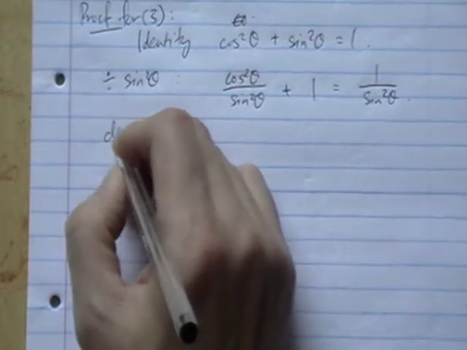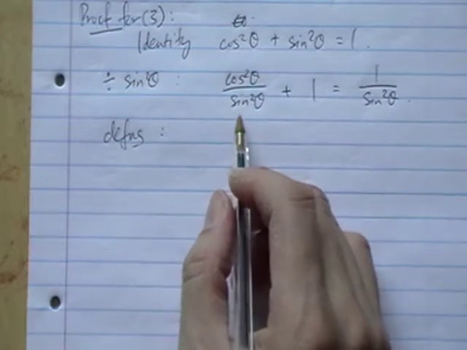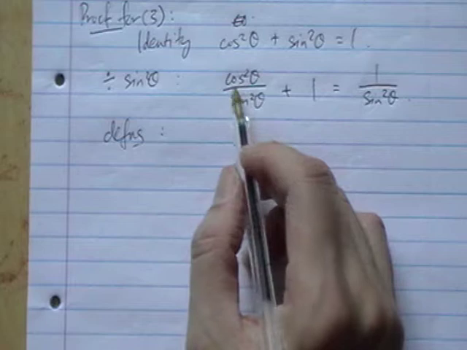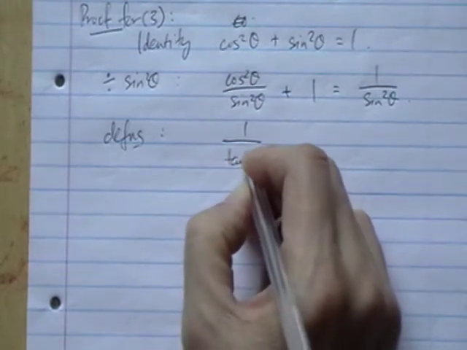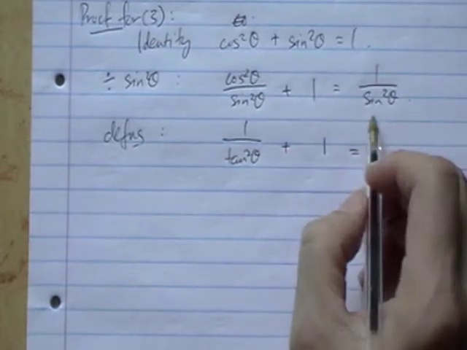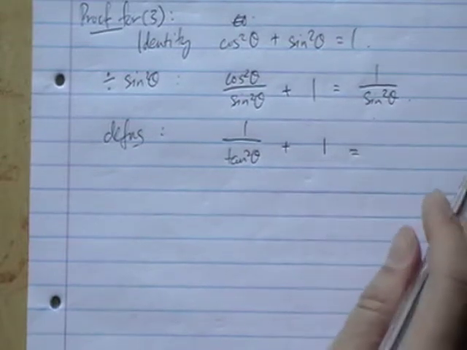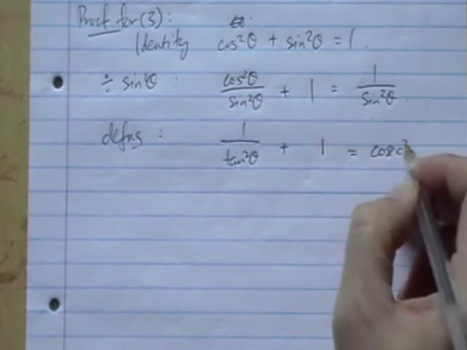Now if I use the definitions, I know that tangent is sine over cosine. So here, if I have cosine over sine, it must mean 1 over tangent squared. That's plus 1, and I know that 1 over sine is cosecant, as I've defined just now. So this is cosecant squared theta.